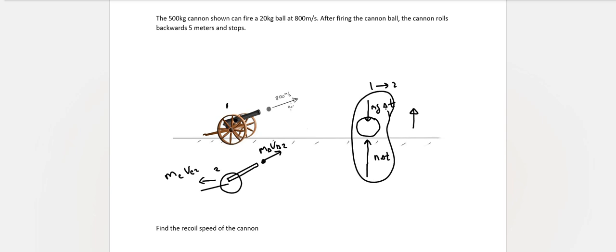Those two vectors added together, during the time frame while the cannonball is being fired, this normal is larger than the gravitational force. So in this problem, the momentums are the same in this direction, but not in this direction. Okay, that's enough on that.